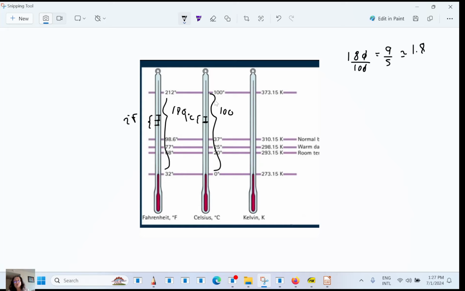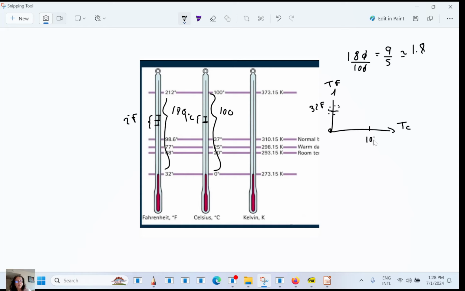So using those two points here and the two points there, you can derive the relationship without memorizing. Fahrenheit is here, Celsius is there. So 0 degrees Celsius is 32 Fahrenheit, so that's going to be your y-intercept.